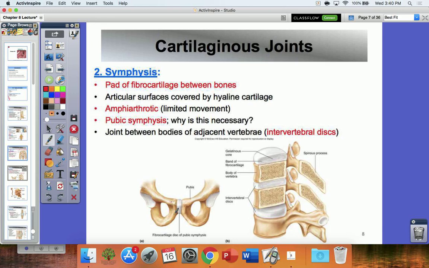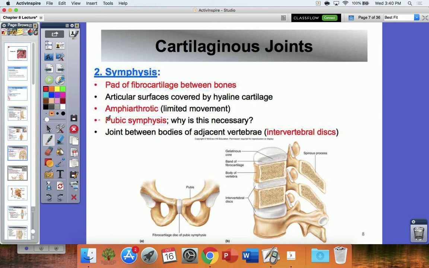The pubis part is here, and between the two pubis bones of each hip bone, we have some cartilaginous connective tissue, and that is called the pubic symphysis. It's going to be amphiarthrotic, which means that it can move but only in a limited way.